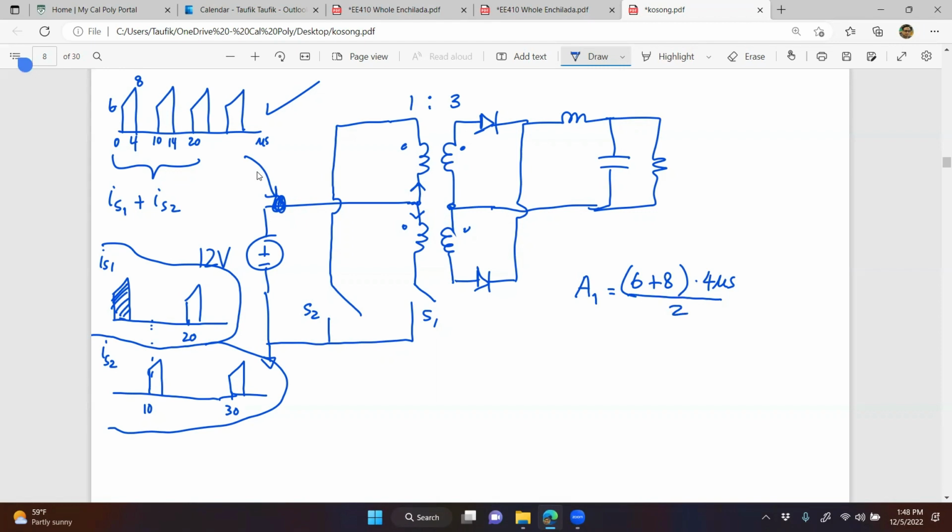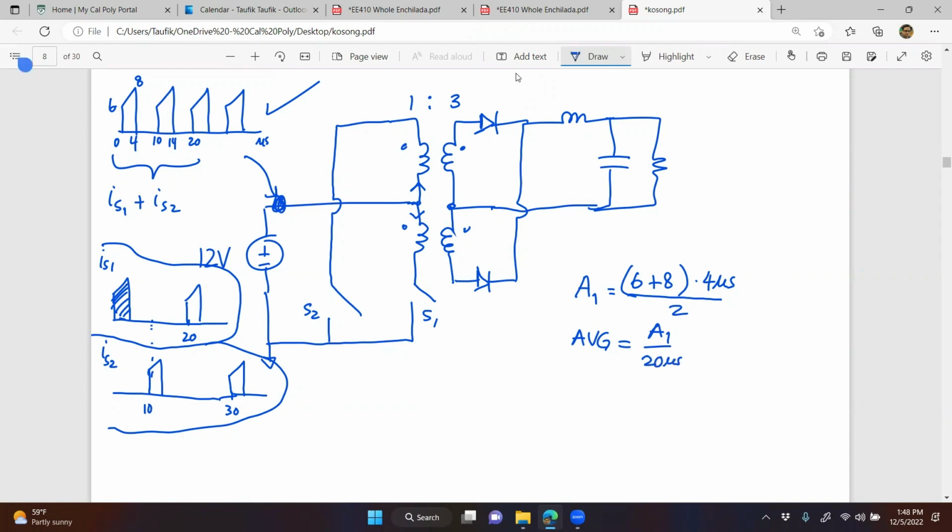Then, to find the average, it would be A1 divided by the entire period. The period is not 10, the period is 20. The period of the current through the switch is not 10 anymore, but 20. Does that make sense?